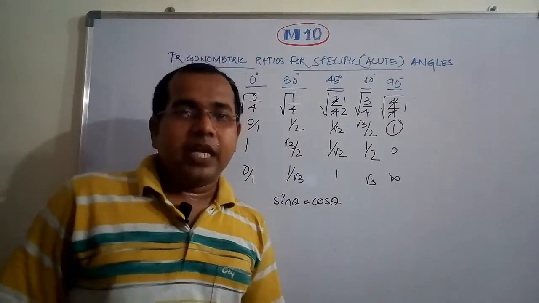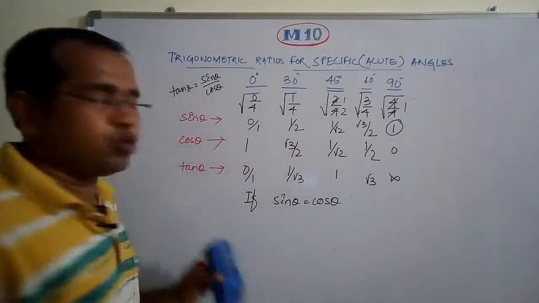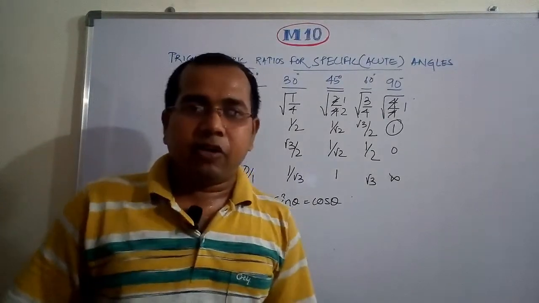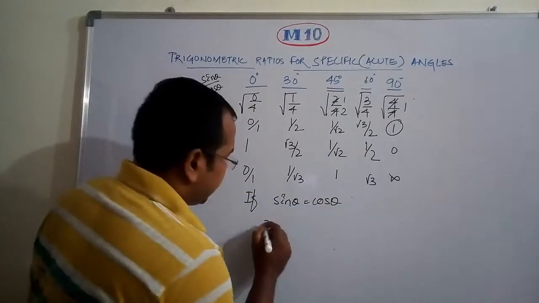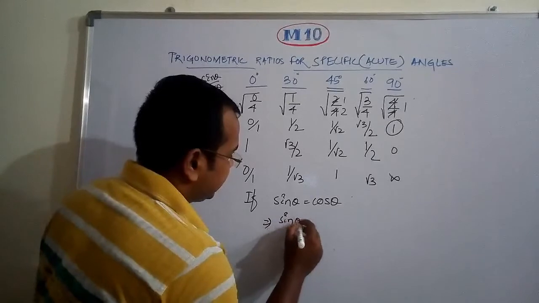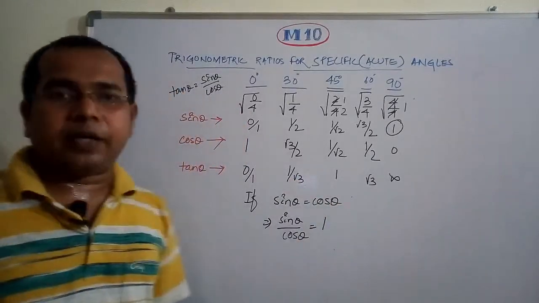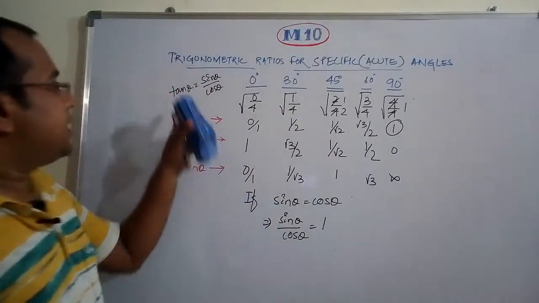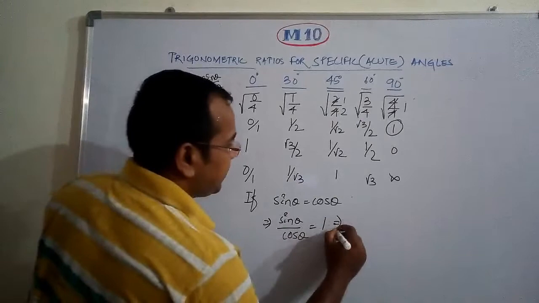But if the question is like this: if sine theta equals cos theta, then find the value of theta. How to solve it? If sine theta equals cos theta, by dividing sine theta by cos theta, what are you going to get? You will get 1. We have already read that sine theta by cos theta is tan theta. So what will you get?